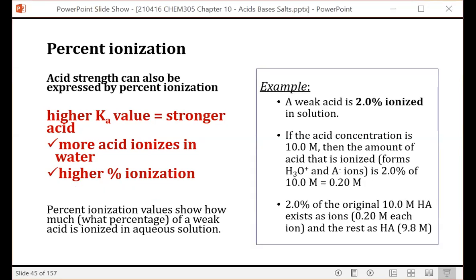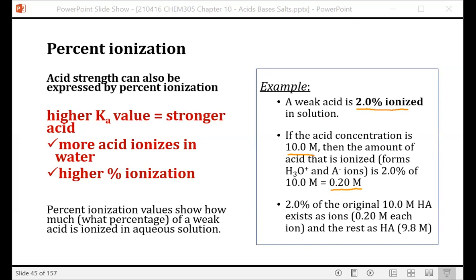So for example, let's say we have a weak acid and we say it's 2% ionized in solution. That means if the acid concentration is 10 molar, then the amount of the acid that's ionized is 2% of 10 molar. So 2% of 10 molar is 0.2 molar.